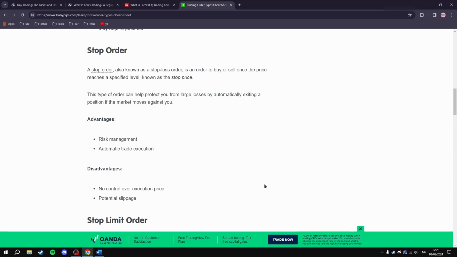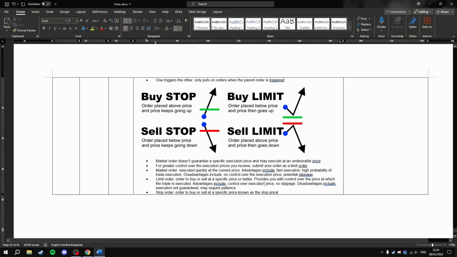This type of order can help protect you from large losses.